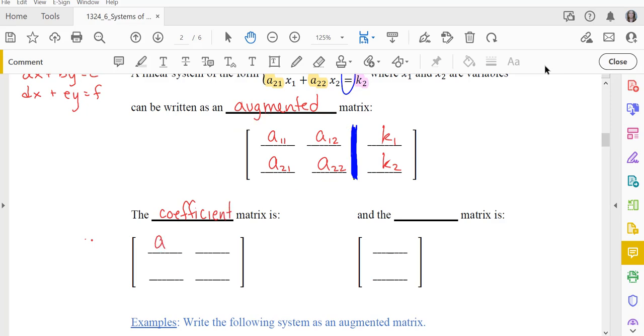So it's going to be A11, A12, A21, and A22. And then you have what's called the constant matrix. It's just the column matrix on the right-hand side of the equal sign, or in the augmented matrix, it would appear on the right-hand side of the vertical bar. So the constant matrix is K1, K2.